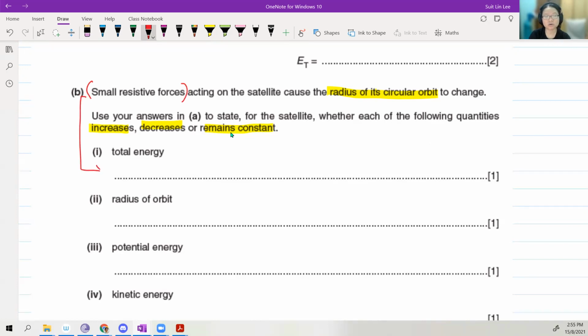If there is a resistive force, which is some form of internal friction of the engine or the flying mechanism, then the total energy will decrease, right? In fact, there's always some hidden resistive force that you don't know about. So it decreases. So now you tell me, what do you think happens to the radius, the potential energy, and the kinetic energy?